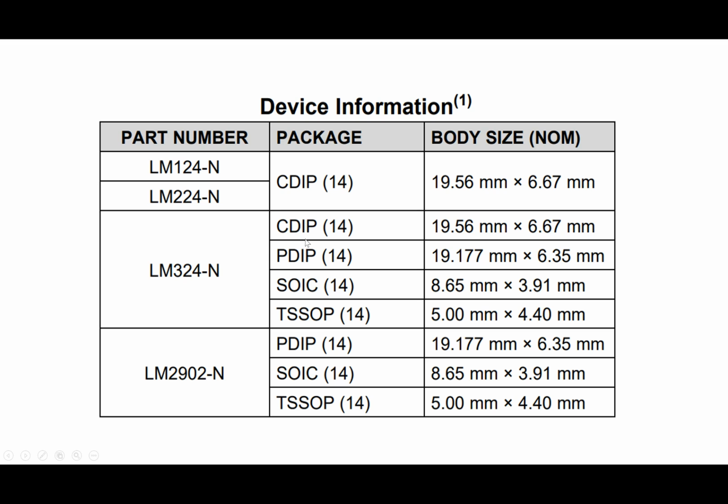It has these 2 DIP chips. So DIP means dual inline packages, right? And there are 2 basic surface mount components, one of which, this TSSOP package, is smaller. These things here, CDIP, PDIP, SOIC, TSSOP, these are industry standard footprints for packages.